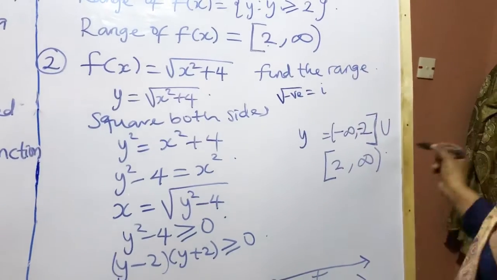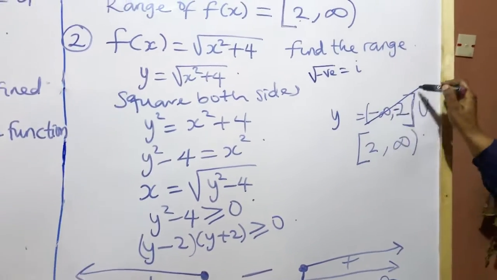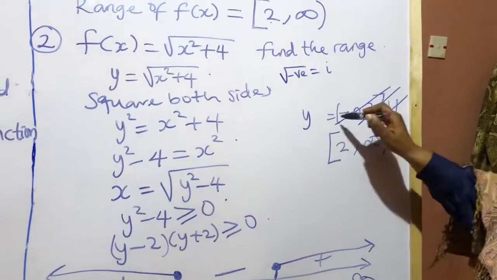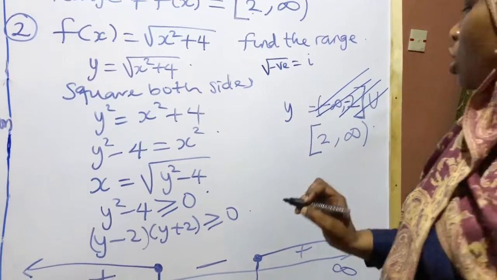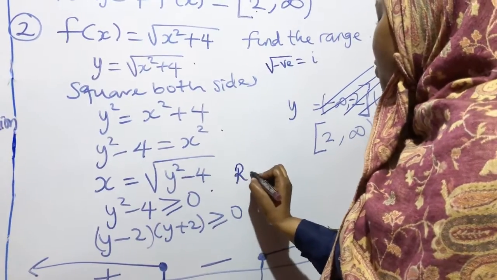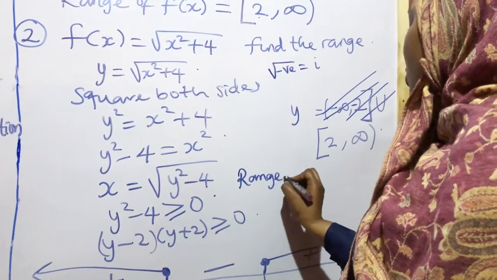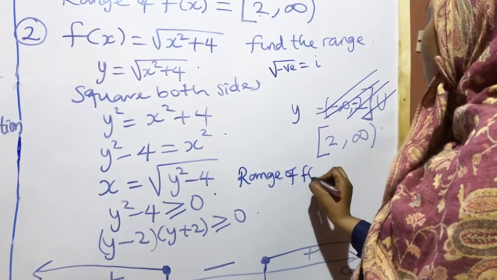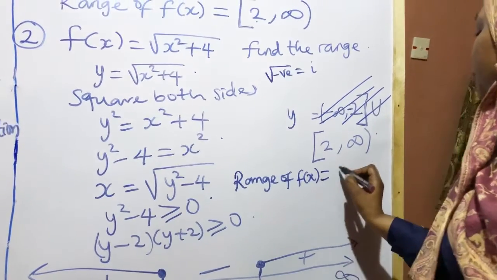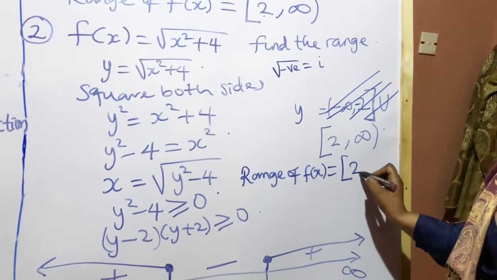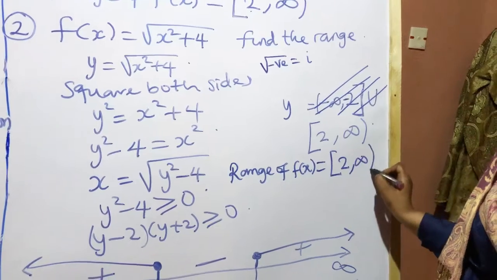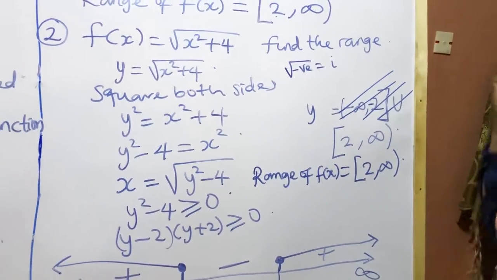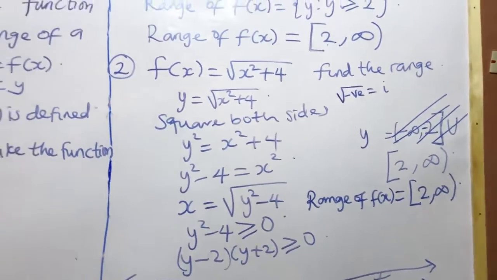So I have to remove those that are negative. I have to cancel them out. So I can only say that my range of this function can be 2, plus infinity. So that's how to find the range of this function.